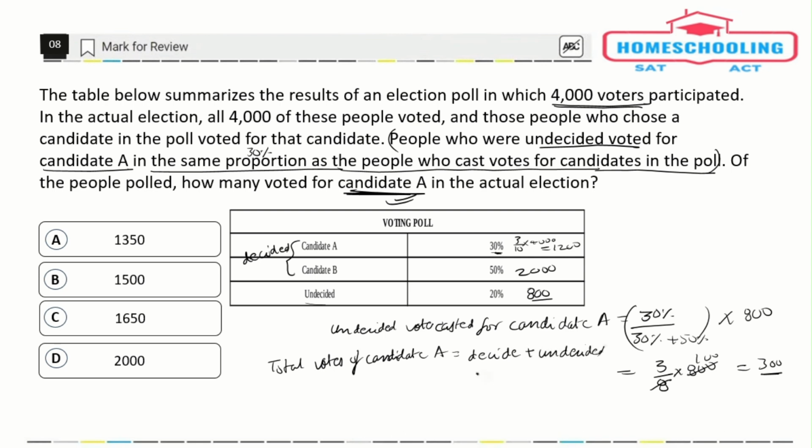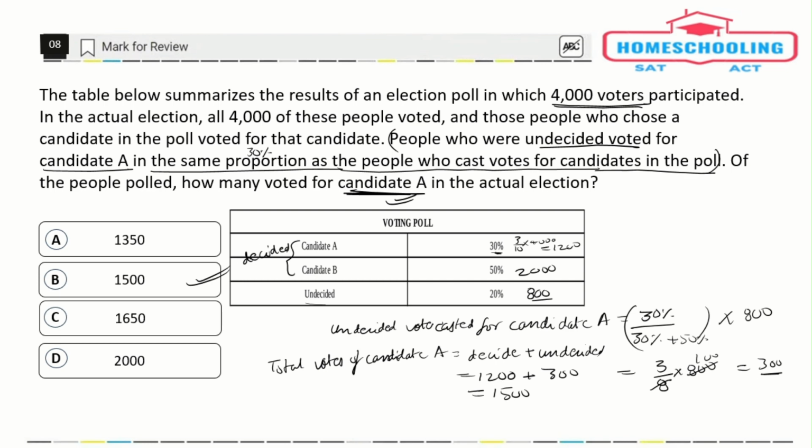Decided we already know is 1,200, and undecided voters casted vote for candidate A is 300. So total votes for candidate A is how much? 1,500. So 1,500 would be your answer.